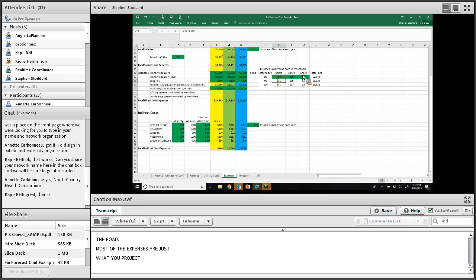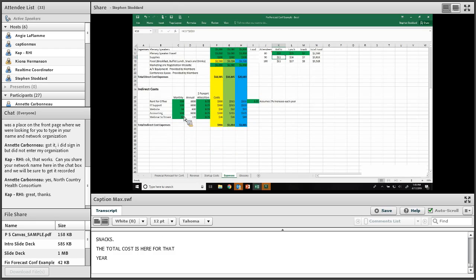We also assumed each year that the salaries would have a 5% increase annually, and that the benefits are estimated at 25% of the salary, and that's where those numbers came from. Again, the dark green areas are ones that you can adjust as you need to, but this is just our example. And then we listed the expenses down below.